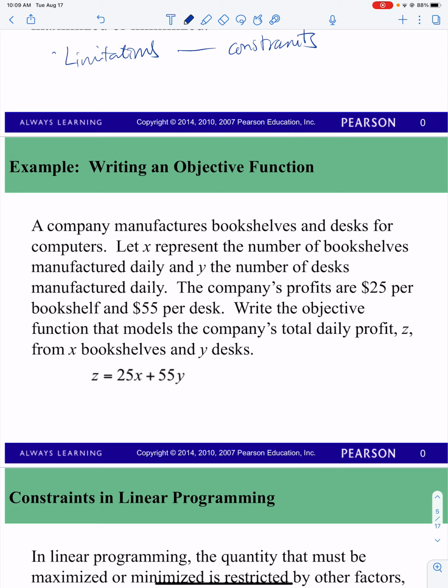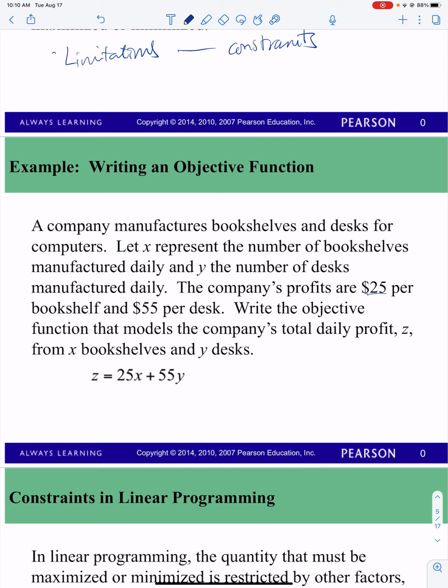Write the objective function that models the company's total daily profit, J. J will be 25 times x plus 55 times y.